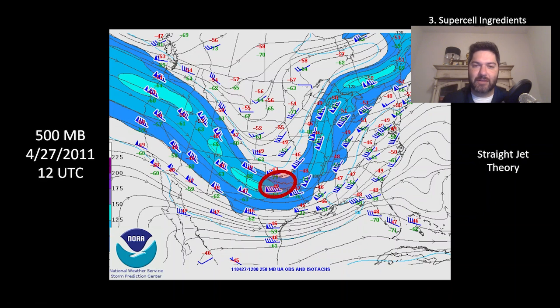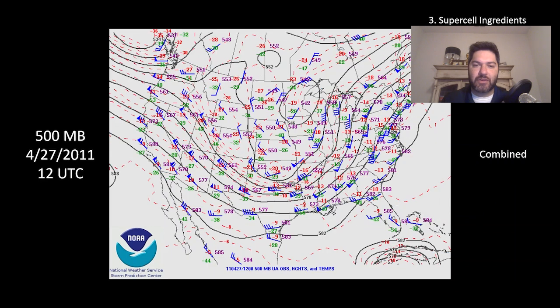You'd expect to see rising motion there and there. When you put together all the sources of rising motion, generally speaking, you're going to get pretty strong rising motion over the southeast United States.